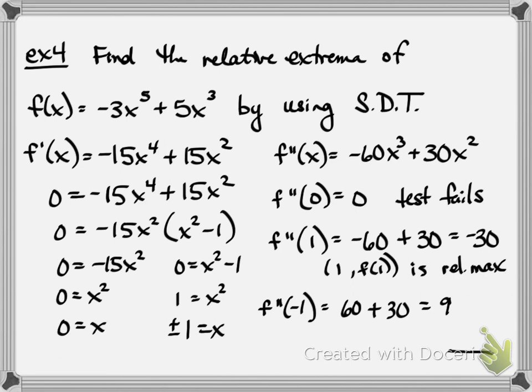You get a positive. So the point negative 1, f of negative 1, since it's positive, is a relative min. And that's basically what the second derivative test tells you. And we would have found that the same way in section 2.